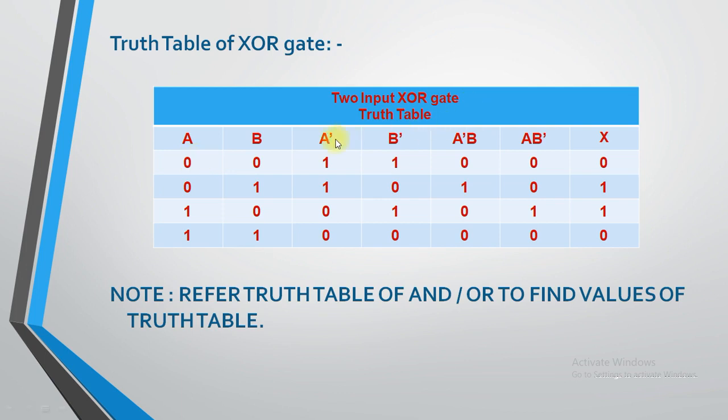Right? Now what is my next requirement? I need to find out A dash B. A dash B means AND gate. So for that, you need to refer to the truth table of the AND gate. To find these two answers, you need to find out the truth table of the AND gate.